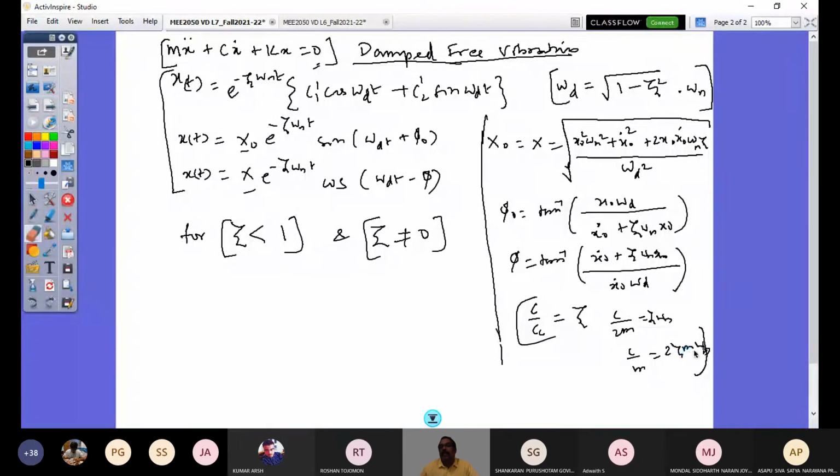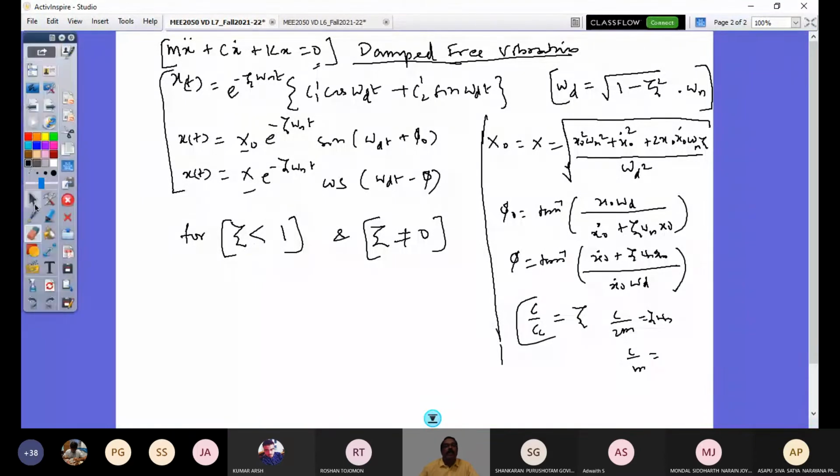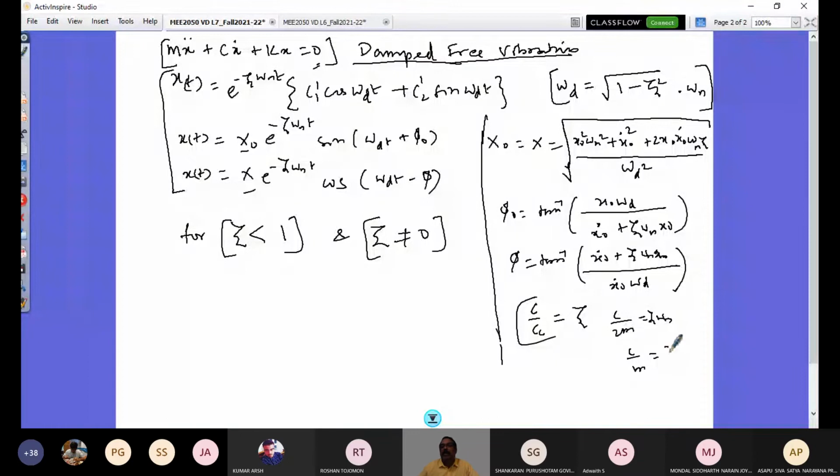And sir, what is written above it? Yeah, I'll just rewrite it. So when I write c by m is equal to 2 zeta omega n, why did I write this? The governing equation is m x double dot plus c x dot plus k x equals 0.